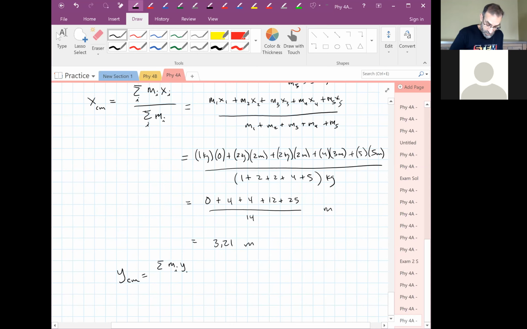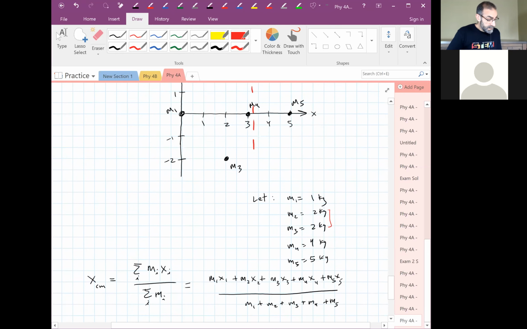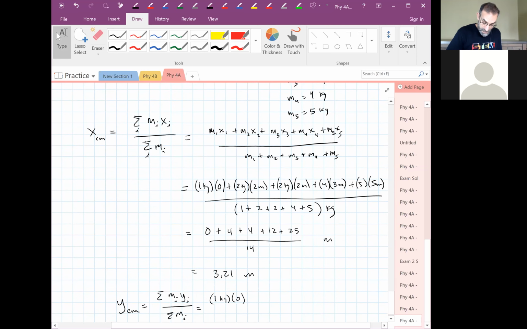Each mass multiplied by its y-coordinate over the sum of all the masses. So I've got 1 kilogram times 0. The first, M1, is at y equals 0. M2 is at y equals plus 2, so I've got 2 kilograms times plus 2 meters.